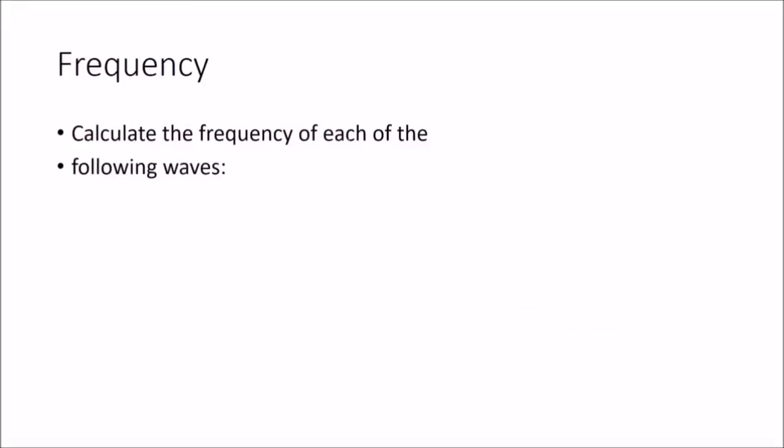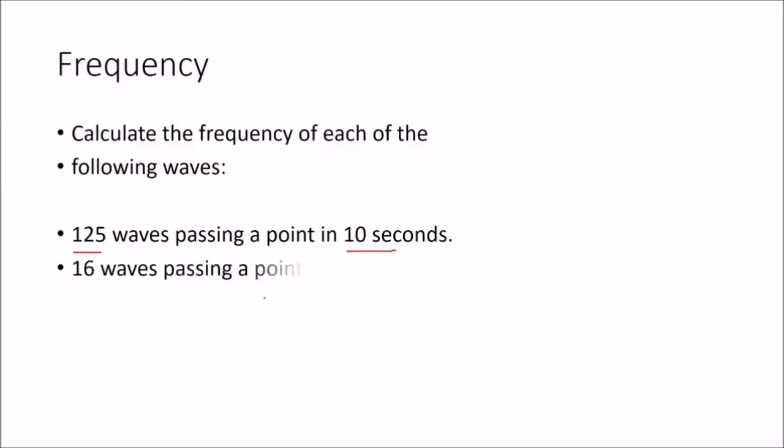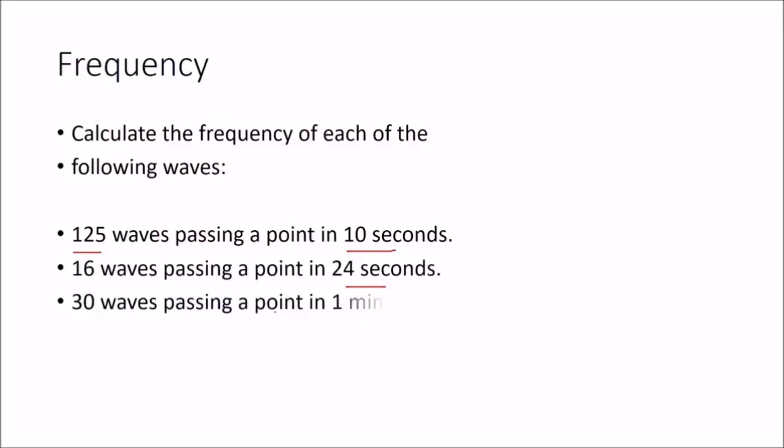We calculate the frequency of the wave. If we have 125 waves passing a point in 10 seconds, how many in 1 second? 16 waves passing a point in 24 seconds, how many in 1 second? 30 waves passing a point in 1 minute, how many in 1 second?